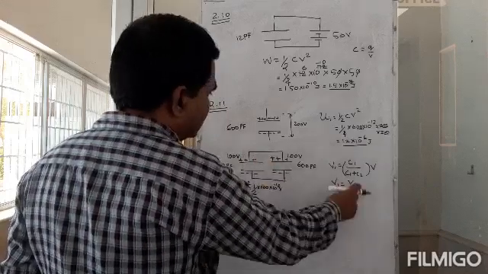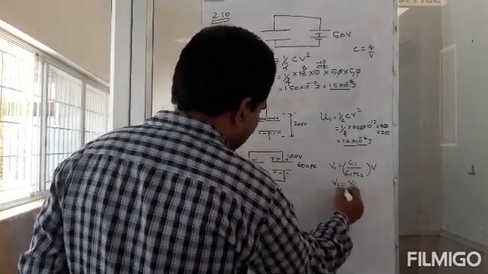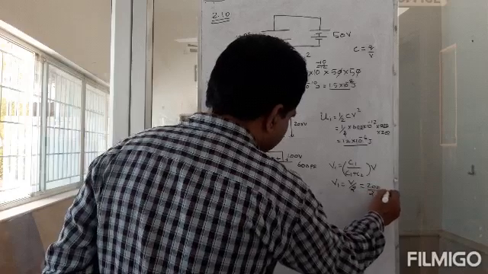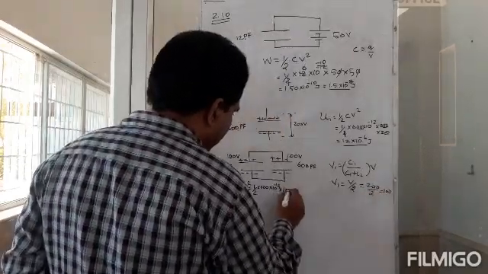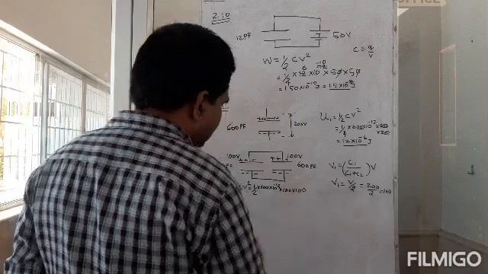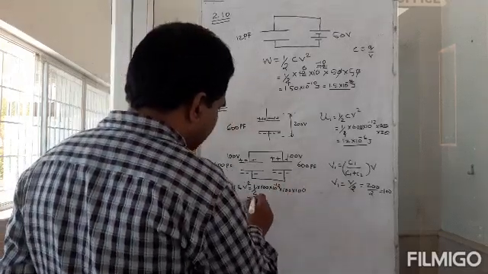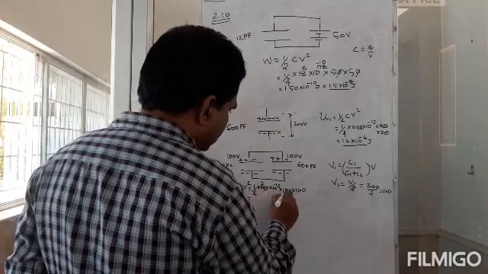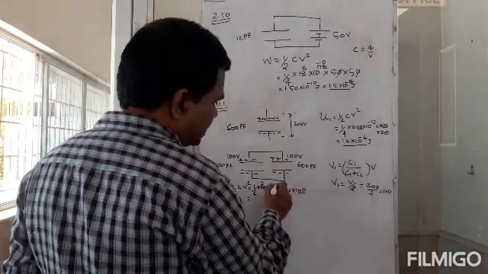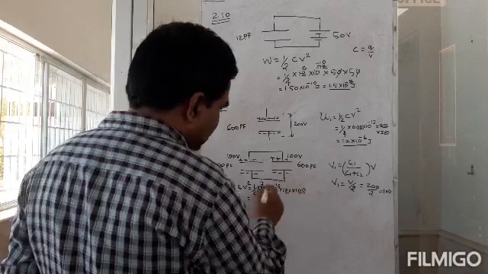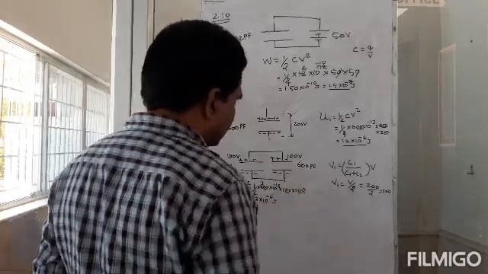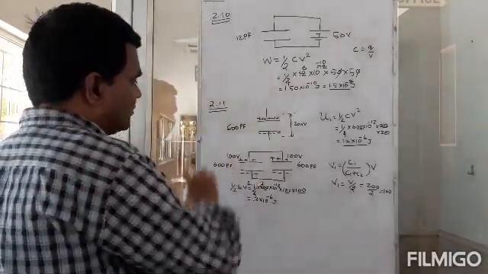V is now 100, because V1 is actually 200 by 2, which is equal to 100 volts. So 100 into 100. If you do that, then this will be 3 and 6 zeros, minus 12. So 10 power minus 6 will get 3 into 10 power minus 6 joules in one capacitor.